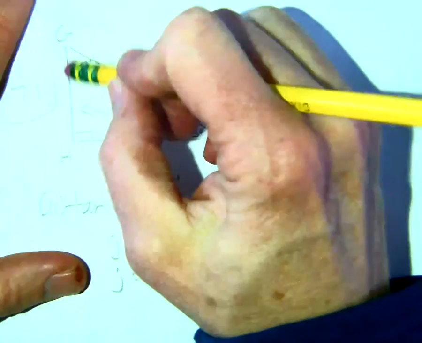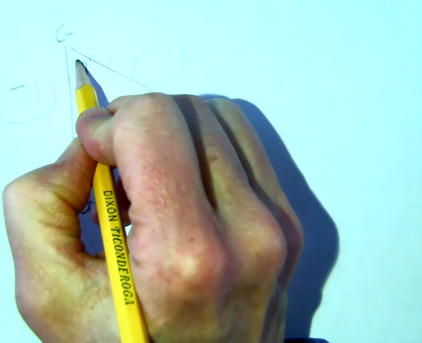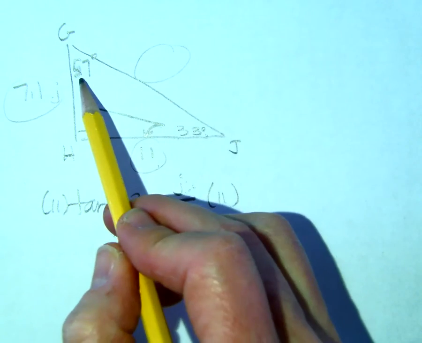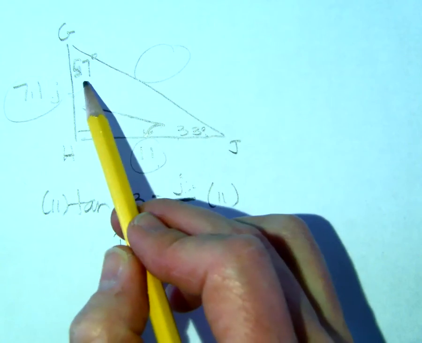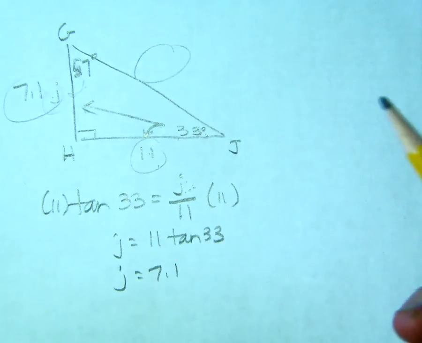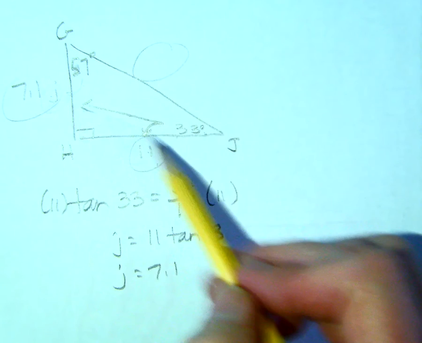And this is where if I had done that first, again, you can just do whatever you want first. If I had tried to find j using tangent, that would have been opposite over adjacent, and then j would have been in the denominator. Not the best idea. And you can use the Pythagorean theorem.